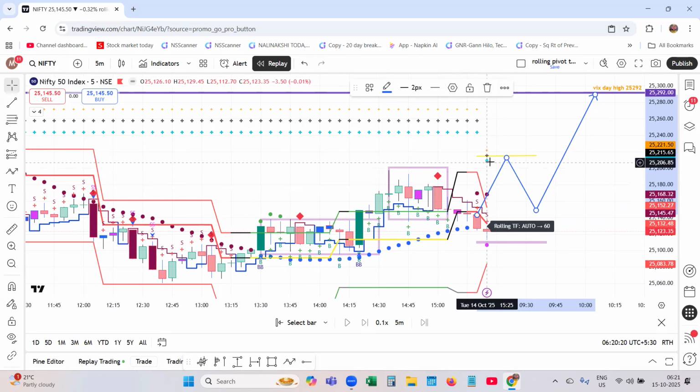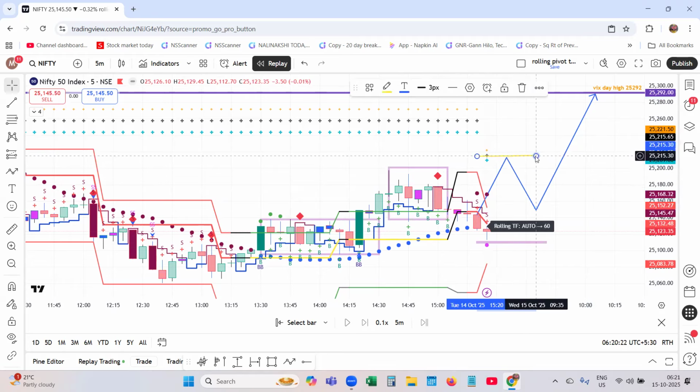Once the market gaps up, all the call option premiums will become expensive. Call option prices will become premium, and you have to wait for the dust to settle. This is a trap.